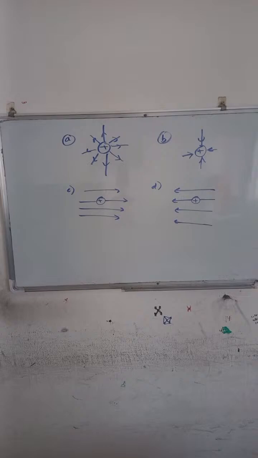Option C, sigma upon epsilon naught and is normal to the surface, and the last option, 2 sigma upon epsilon naught and is normal to the surface.